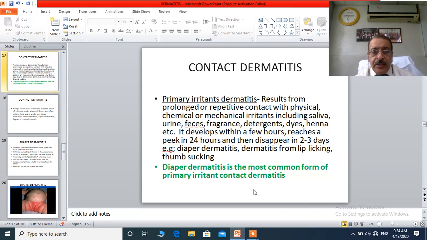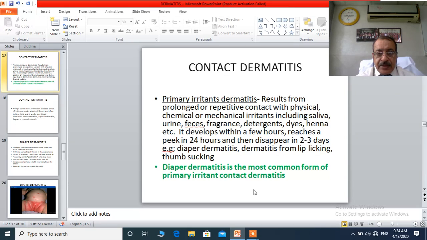The primary irritant dermatitis results from prolonged or repetitive contact with physical, chemical, or mechanical irritants, including saliva, urine, feces, different types of fragrances, detergents, dyes, henna, etc.